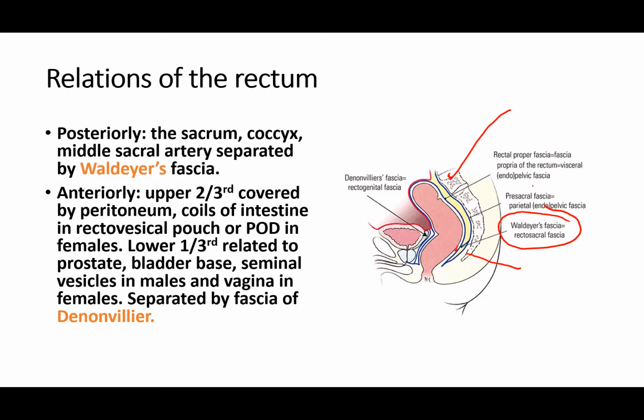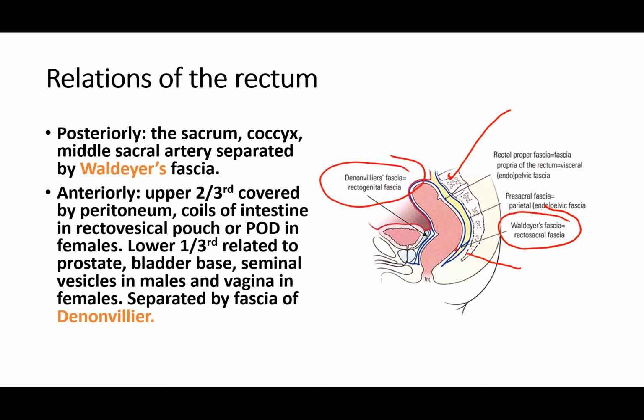The lower one-third is related to the prostate, bladder base, and seminal vesicles in males, or the vagina in females, separated by Denonvilliers' fascia. The anterior one is called Denonvilliers' fascia.